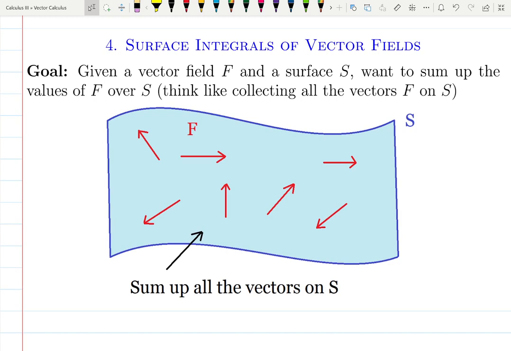A vector field and a surface S, we want to sum up all the values of f over S. Think like you're collecting all the vectors f on S. So now, you're not just running on the trail and then collecting all the wind. You are also running on some kind of shape which is changing. Magic carpet. Magic carpet, I guess. That's an interesting example. I was thinking of this like there is some kind of moving thing on the water and you need to run on it. And it keeps moving while you're running on it.